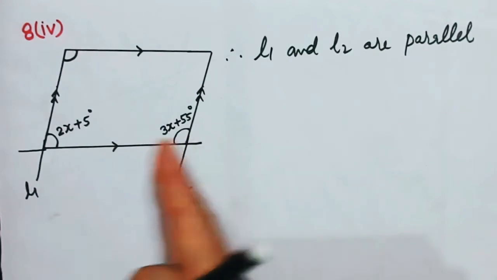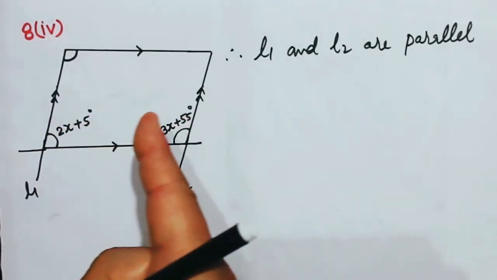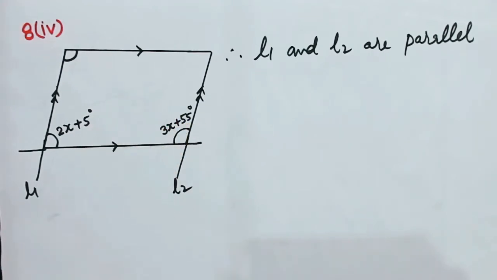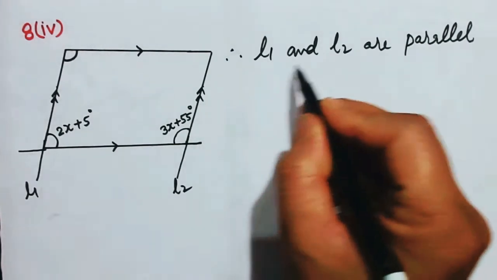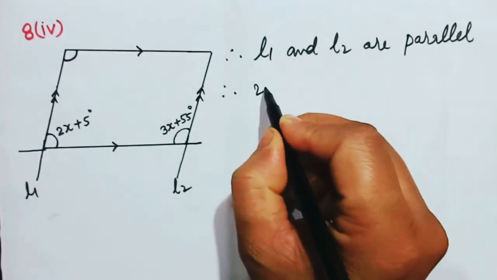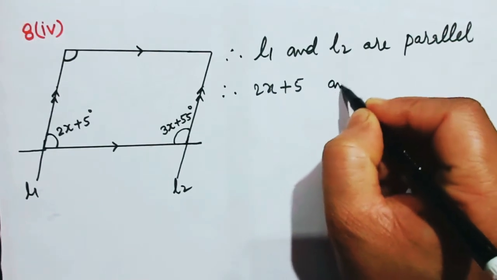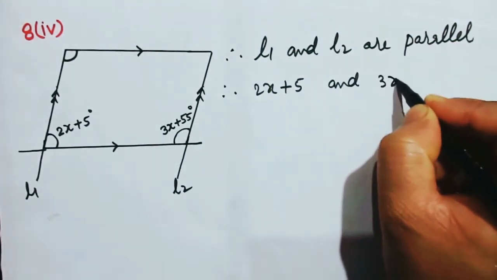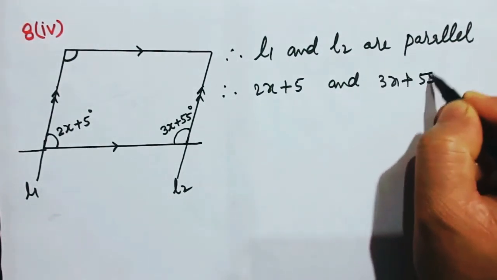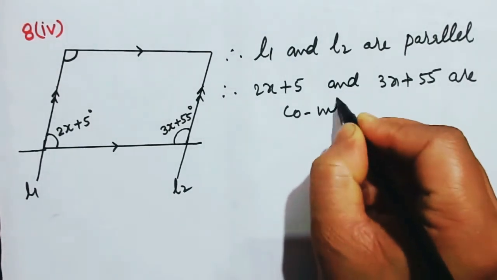Until and unless the lines are parallel, you cannot make the sum of the co-interior angles equal to 180 degree. So L1 and L2 are parallel. Therefore, 2x plus 5 and 3x plus 55 are co-interior angles.